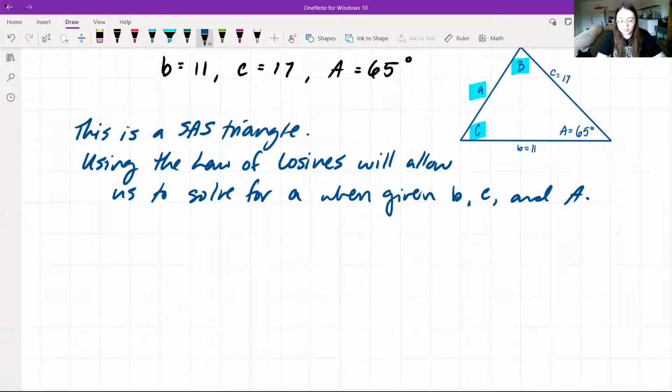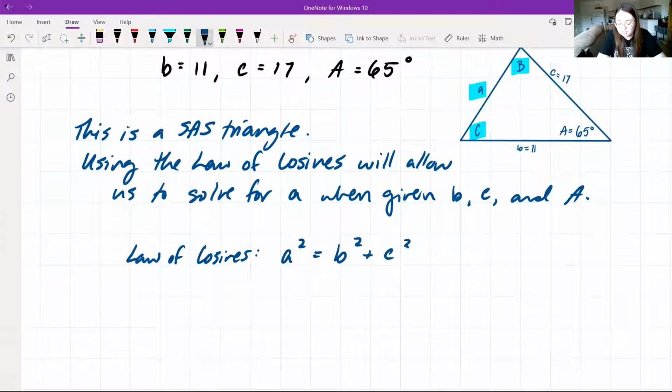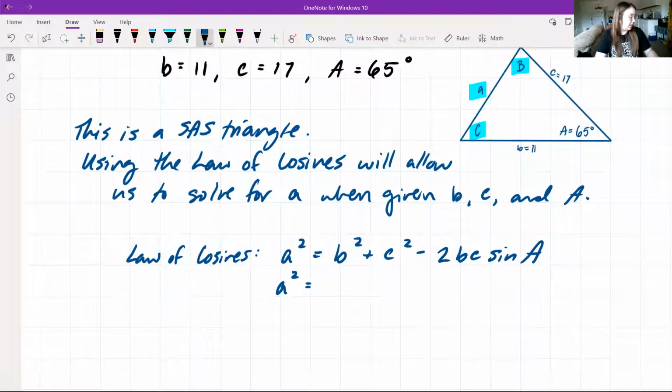So remember the law of cosines tells us that A squared is going to be equal to B squared plus C squared minus 2 times BC times cosine of angle A. So now we just want to plug in all of these values.